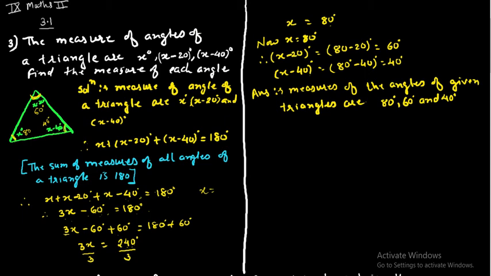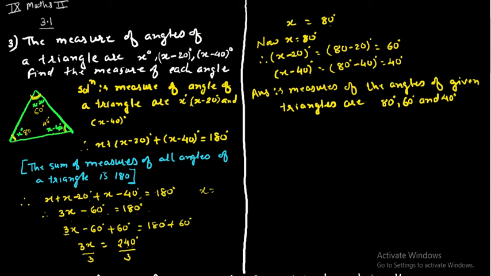Now here x plus x is 2x, plus x is 3x, and minus 20 minus 40 becomes minus 60. Now we want x, so we have to remove this minus 60 and also this 3.